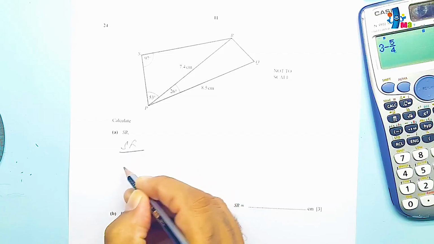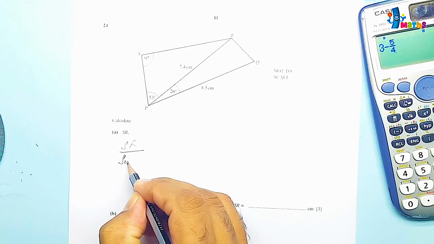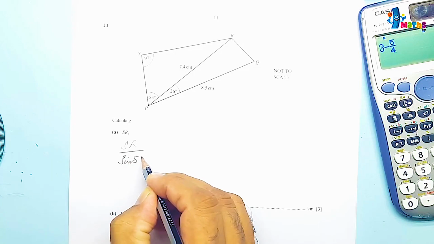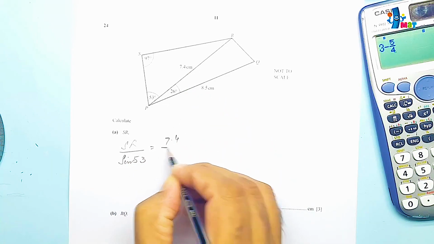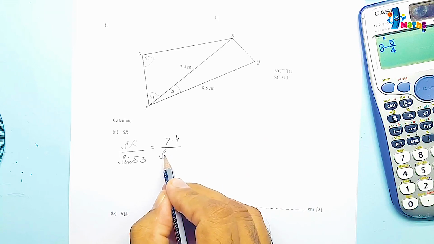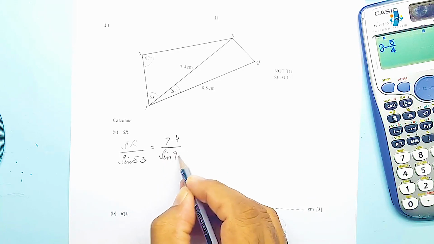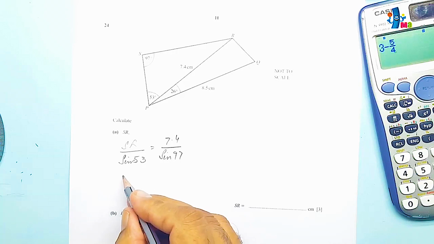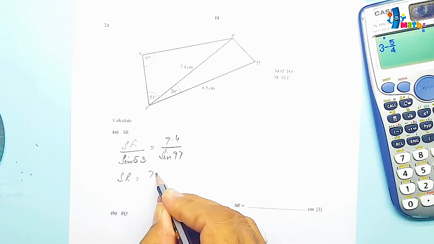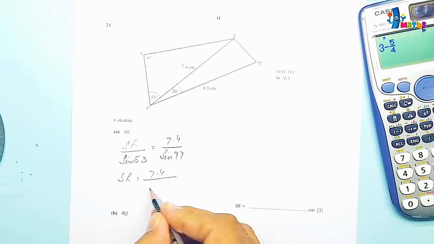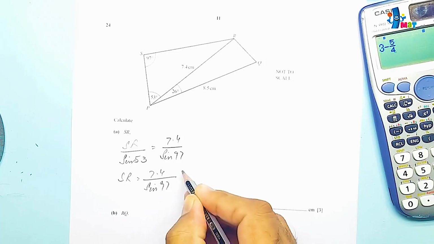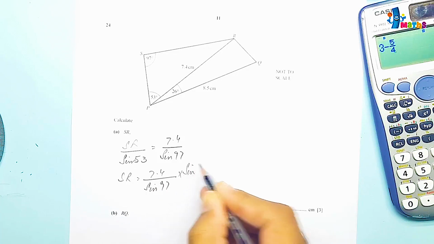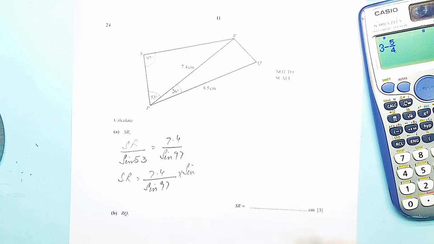SR over sine of 53 will be equal to 7.4 over sine of 97. So SR will be equal to 7.4 over sine of 97 multiplied by sine of 53.